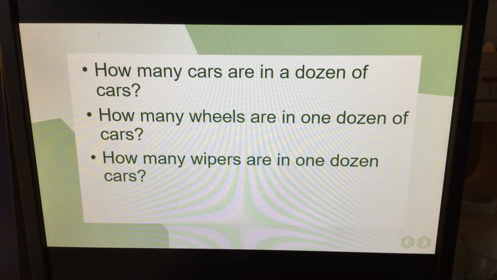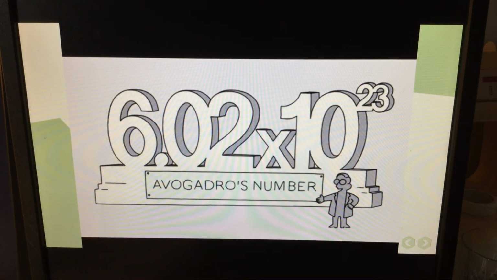We're going to do the same type of math, but with this number right here. This is the number of atoms or particles or formula units or molecules in a mole of any of those items we just mentioned. Each contains 6.02 times 10 to the 23rd.